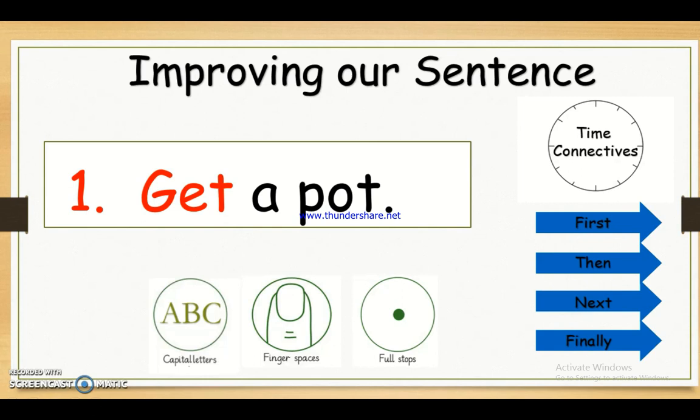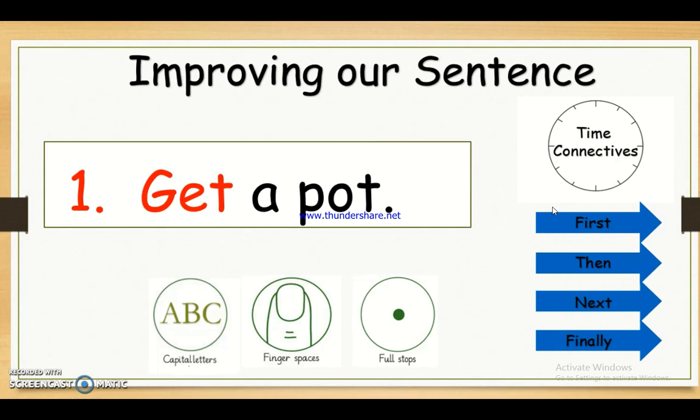You need to put finger space. So get, and try to leave a space, and write a, and then try to leave a space and write pot. So begin with the capital letter, leave finger space between words, and put full stop at the very end. Okay? And today we are going to talk about time connectives.